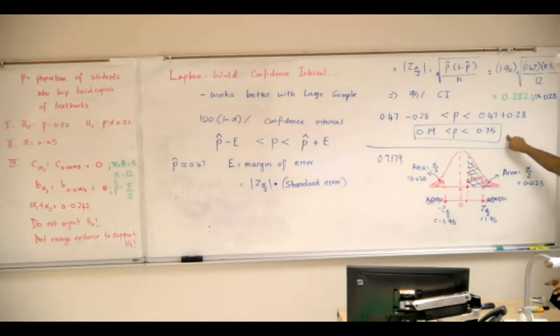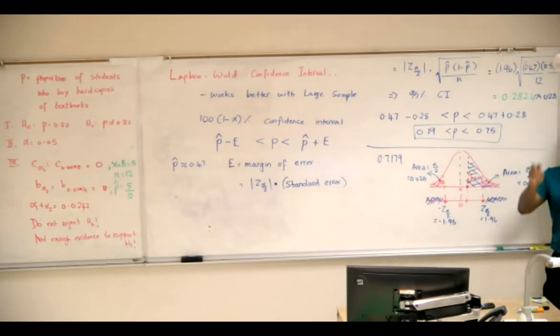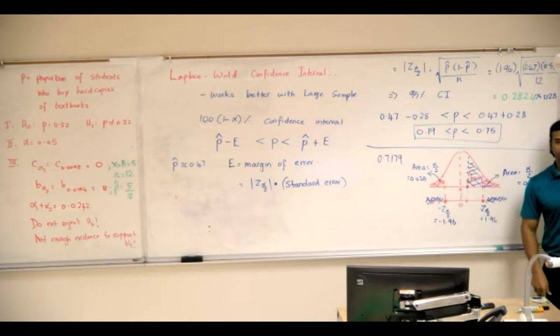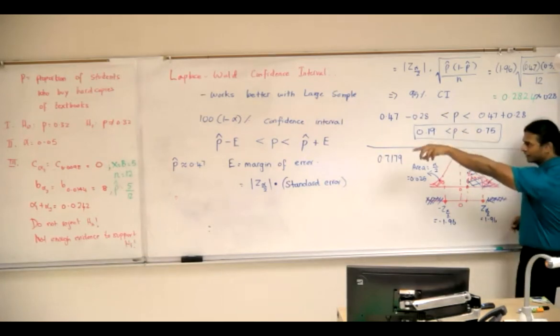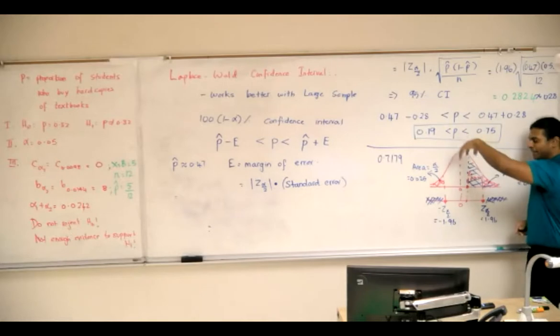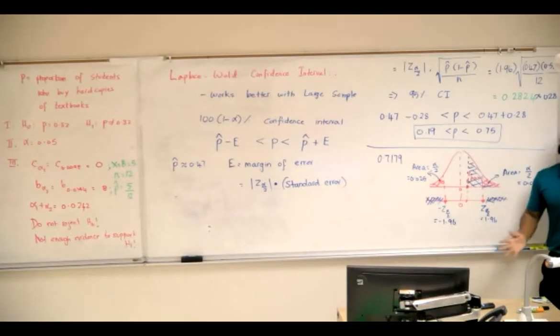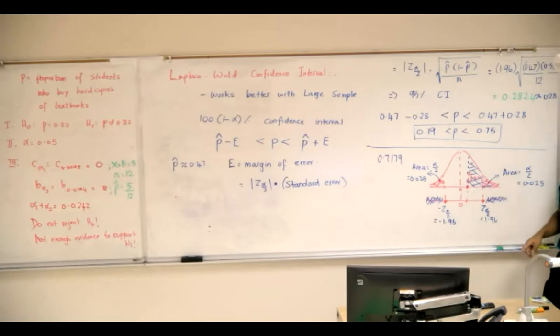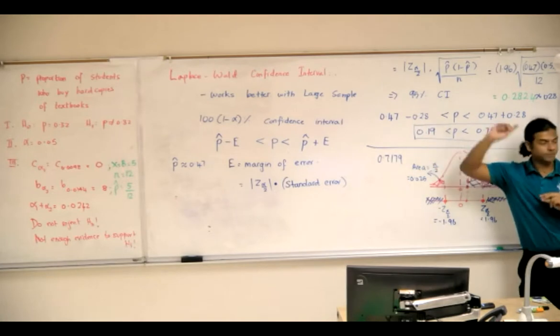So that is my Laplace-Wald confidence interval. Does the interval contain 0.32? Yes. So since the null value falls in the interval, we shouldn't be rejecting the null because the null value is possible. Good. So the same conclusion as the hypothesis test.